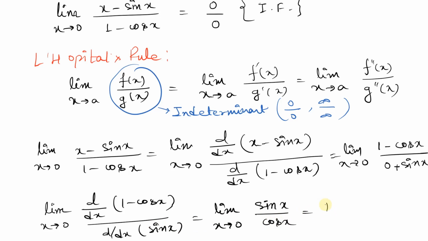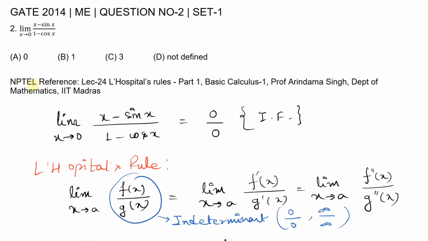Or we can also write this as limit x tends to 0, sin x upon cos x is tan x, and we know that the value of tan 0 is 0. Therefore option A is the correct choice.